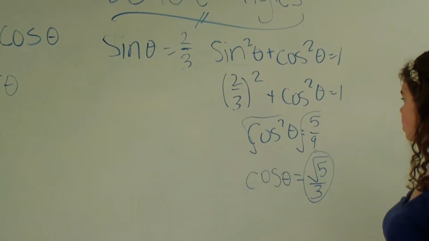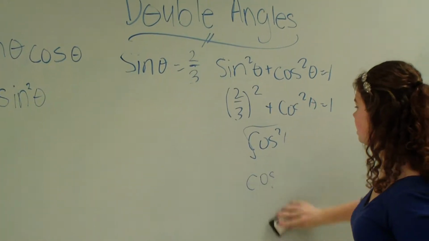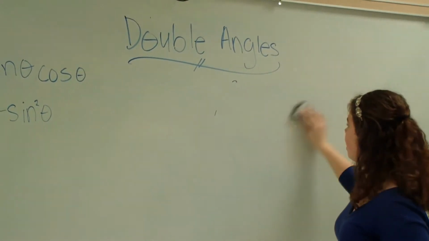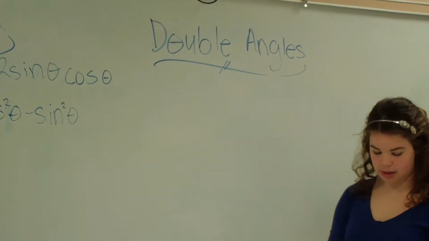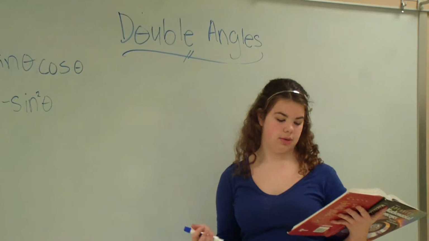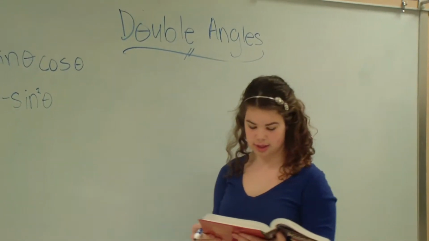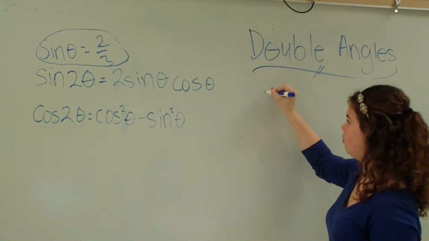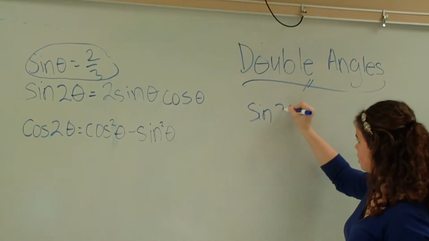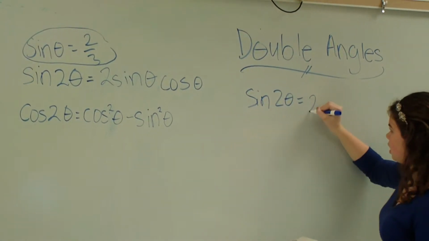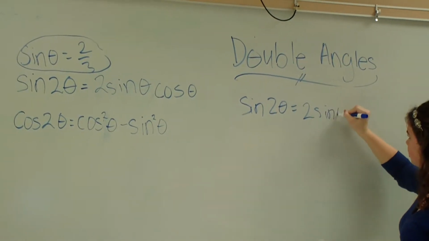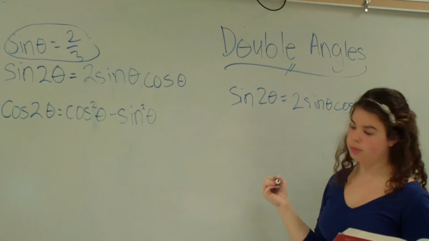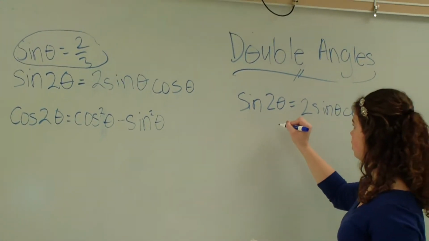So we're going to use our formula to find the exact value of the function sine of 2 theta. Then we're solving for what? Solving for sine 2 theta. So we are going to write our formula again. Sine of 2 theta equals 2 sine theta cosine theta, and then we're going to plug each of our parts in.